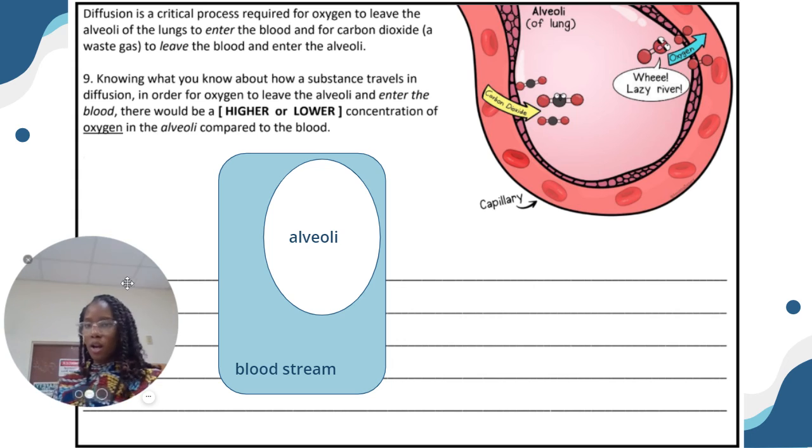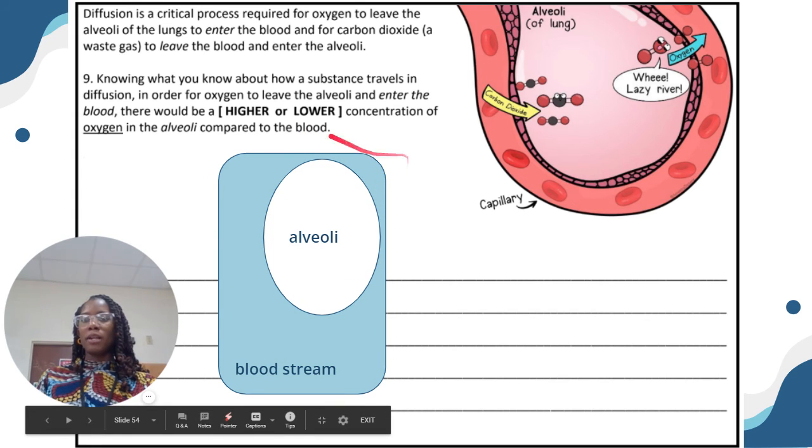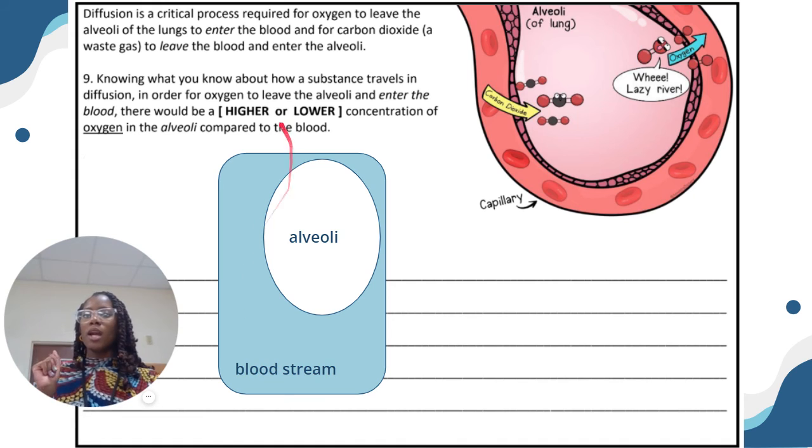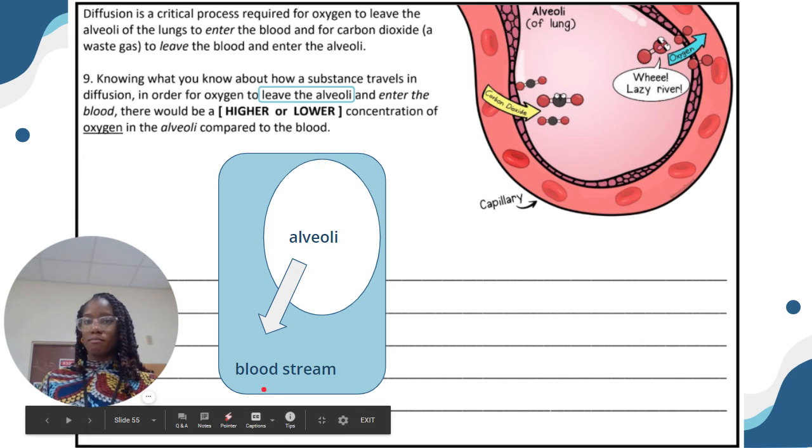So I just drew something. The alveoli is a sac inside of your lung, and then this is a blood vessel, your bloodstream. Right? Cool. In the problem, it tells us that we are talking about oxygen leaving the alveoli and entering the blood. So I'm talking about something going from here to here.